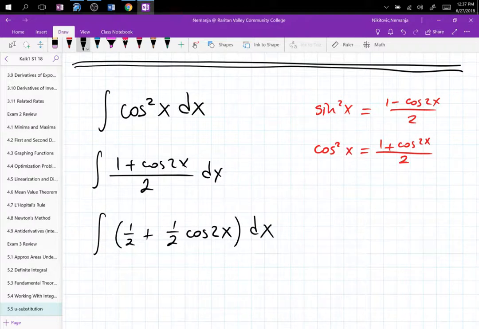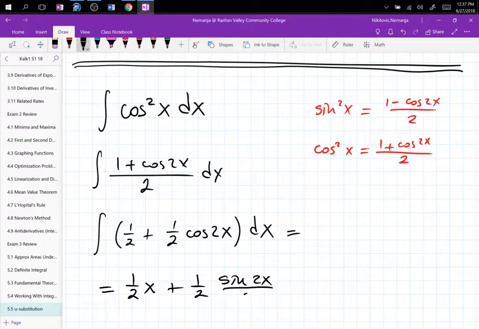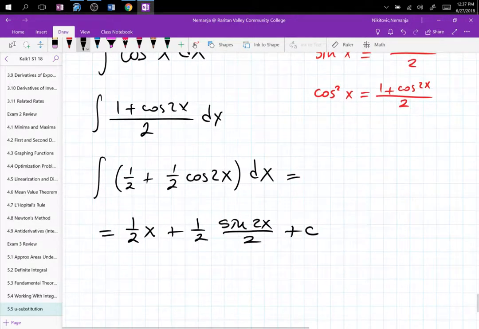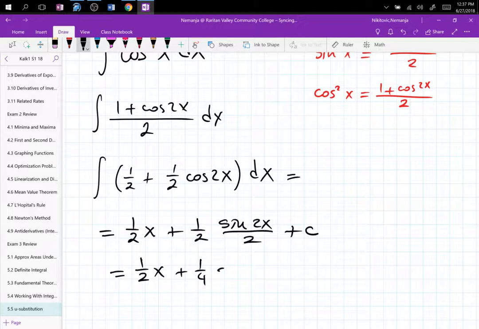And now the second integral with the cosine 2x is a u sub, but you also memorize that you can just divide by that 2 when you change it into a sine. So this works out to be 1/2 x plus 1/2 times sine 2x over 2 plus c, for a total of 1/2 x plus 1/4 sine 2x plus c.